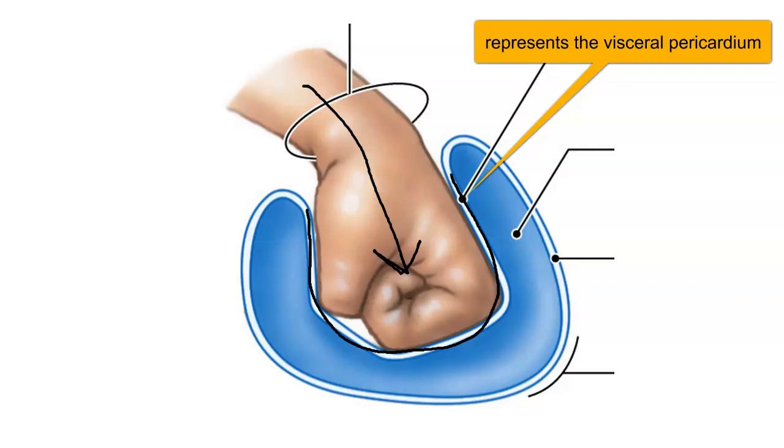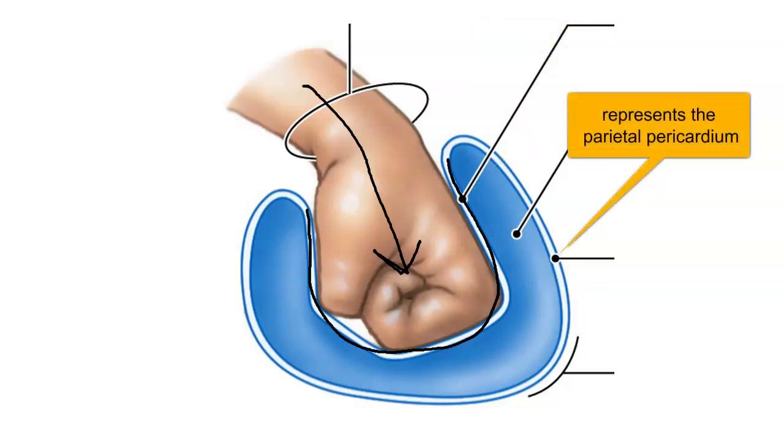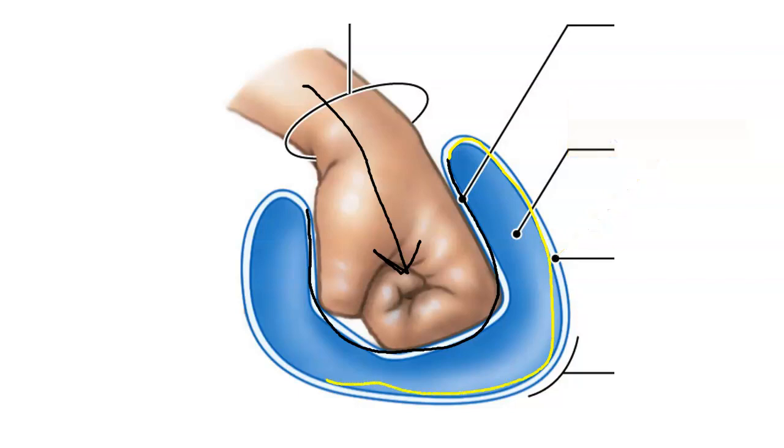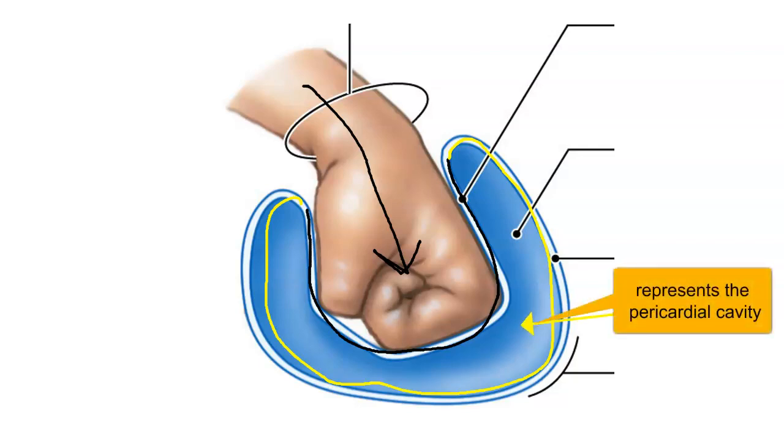That visceral pericardium, just like the balloon, is continuous with the parietal pericardium, the outer portion of the balloon. The parietal pericardium lines the fibrous pericardial sac. The airspace in the balloon is known as the pericardial cavity. That would be a fluid-filled space. The fluid is serous fluid, and it's being produced by the visceral and the parietal pericardium.